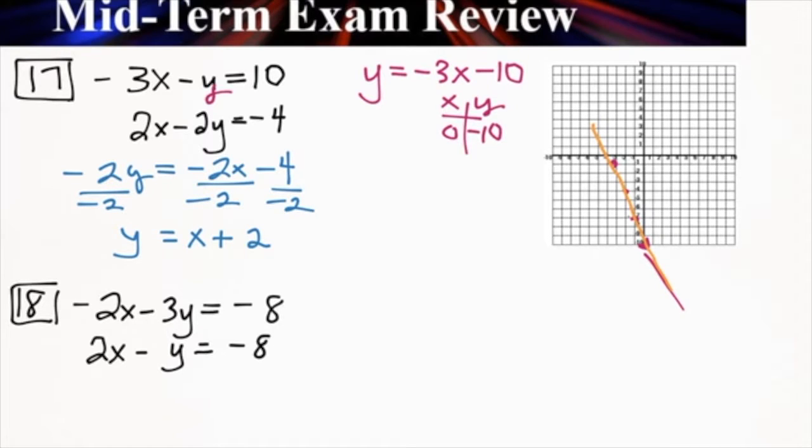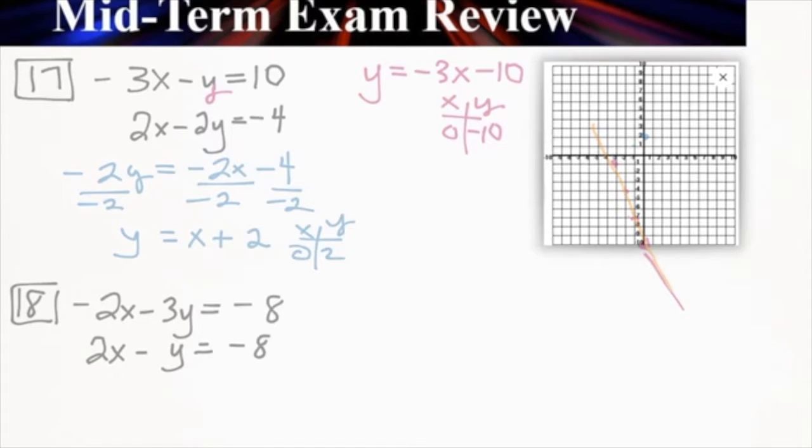Now x plus 2 is going to look like this. Again, I'm just going to put in a 0, and if I put in 0, I get 2. So 0, 2 is right here. And then up 1 over 1.